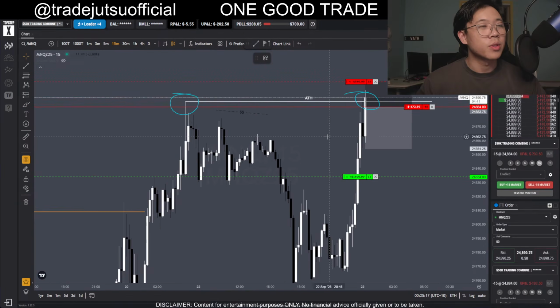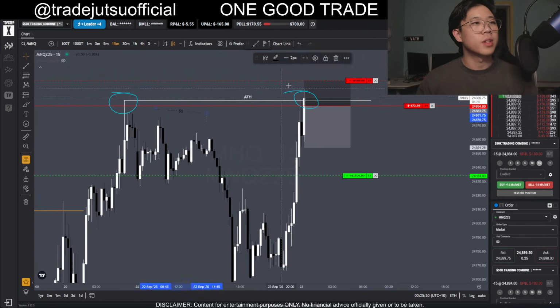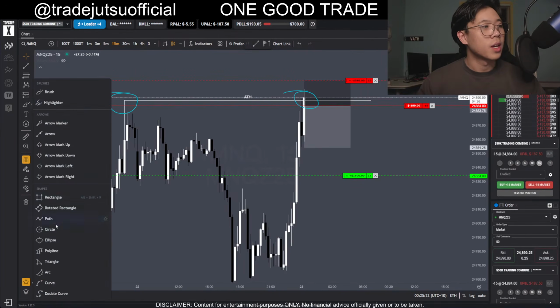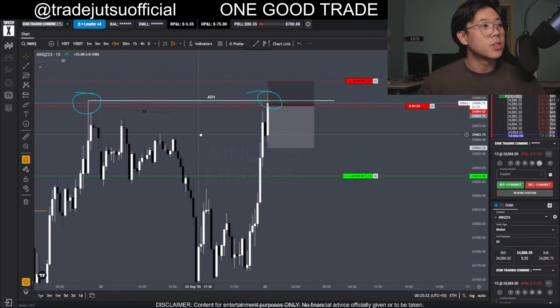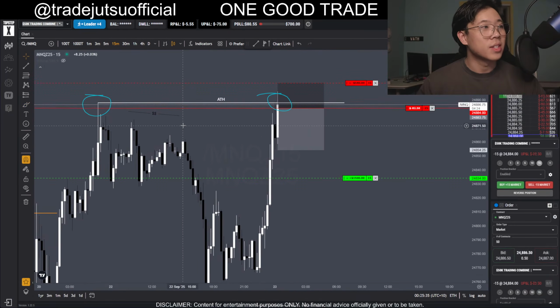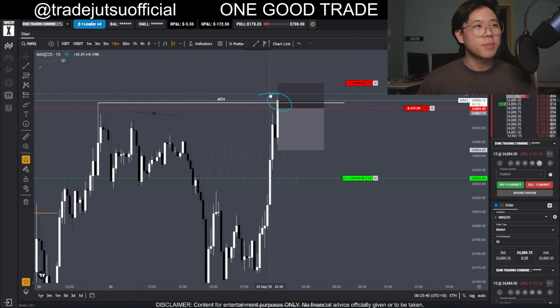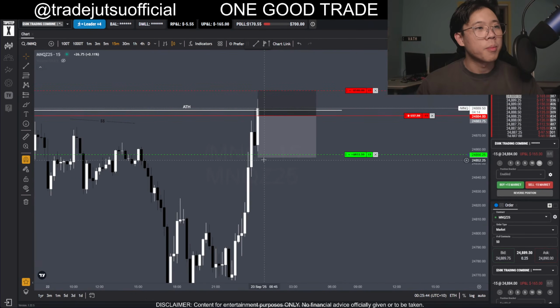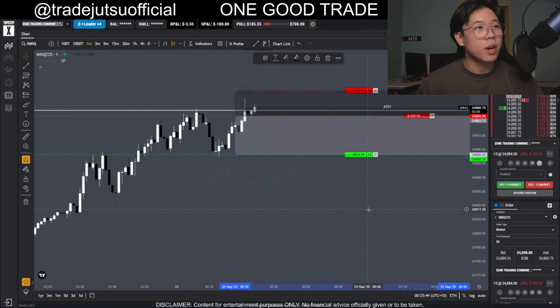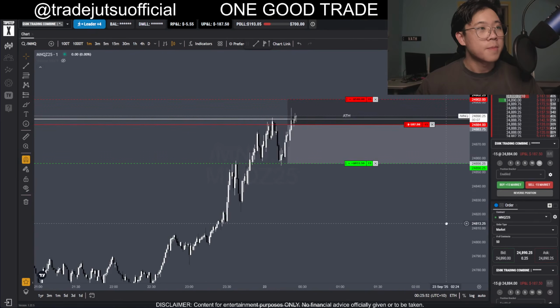Something that helps build the confluence of this trade is a point of interest, generally an engulfing candle at the opposite side. We don't have that this time, which makes it a slightly lower probability trade, but that is all right. We're looking at a 1 to 1.5 risk to reward trade potentially.